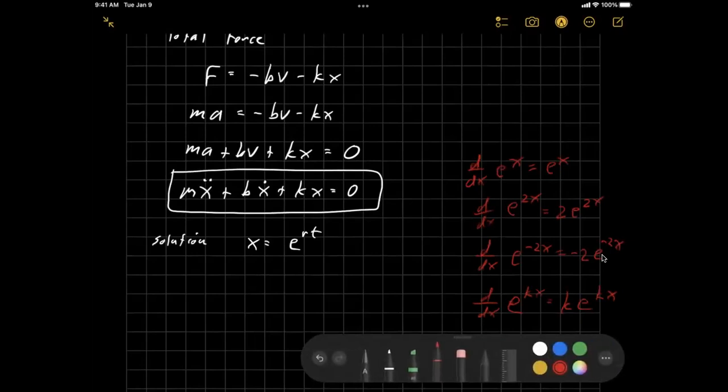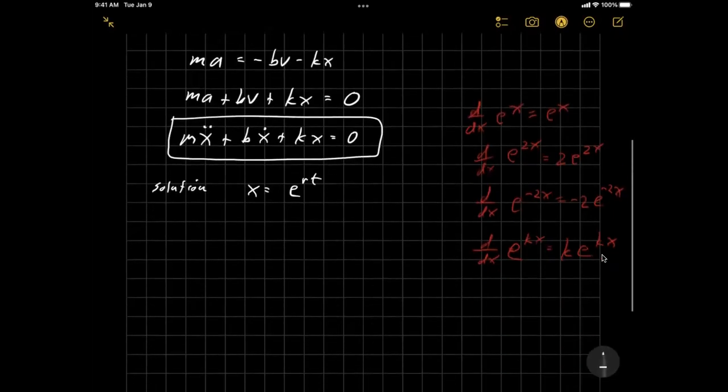Now, in our derivation, we're switching over to r instead of k, and we're using t as our variable. So we can take the derivatives with respect to time, and this will be r e to the rt. And by the chain rule again, this will be r squared e to the rt.